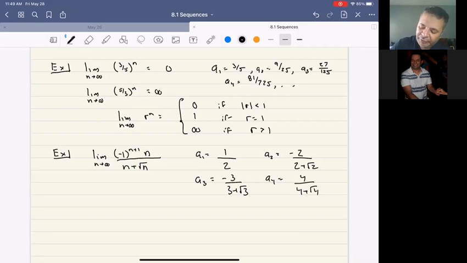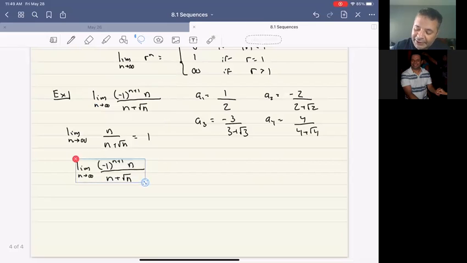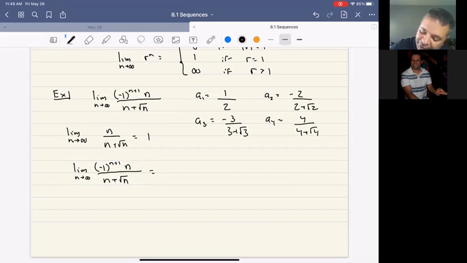If the (-1) to the n plus 1 wasn't there, it'd be easy. That's going to go to 1, dividing out by the highest power of n. But because of the (-1) to the n plus 1, it doesn't really have a limit.